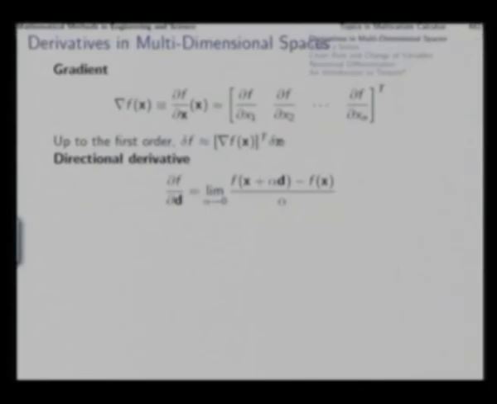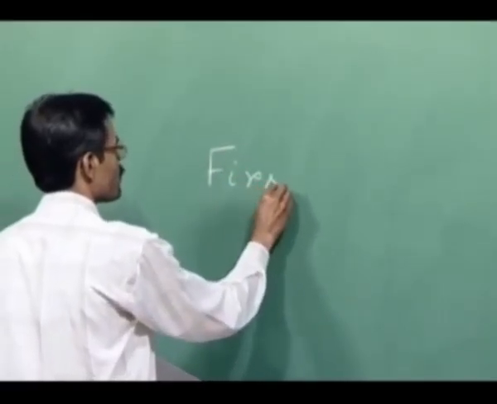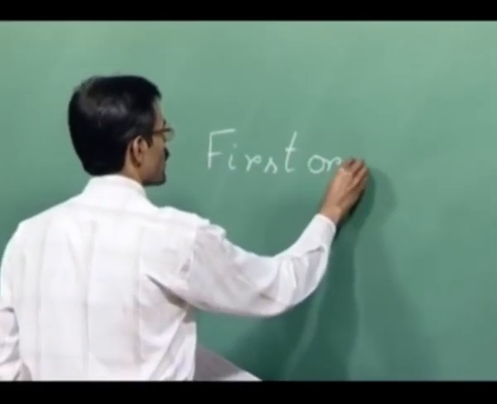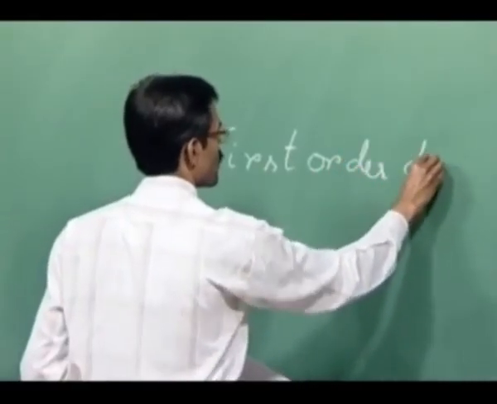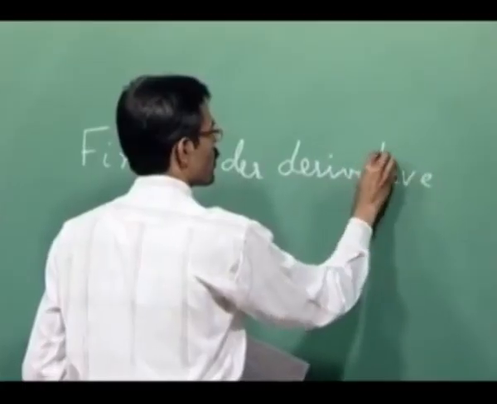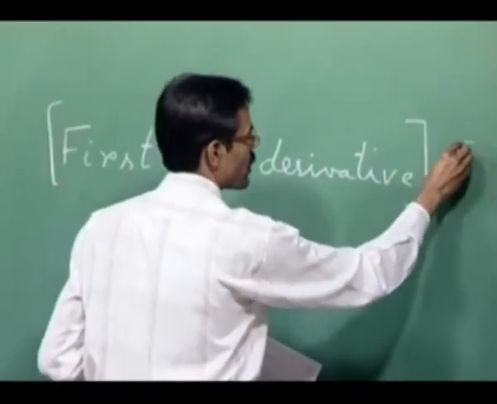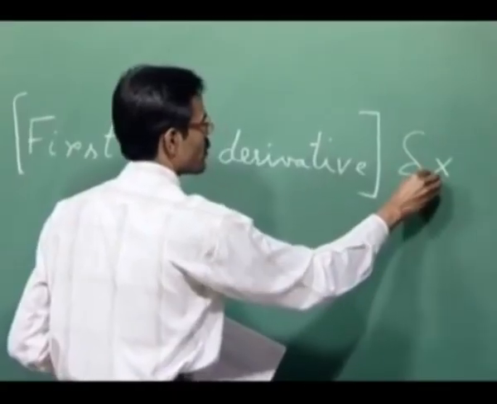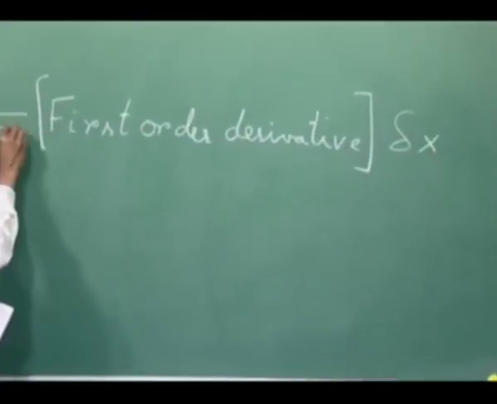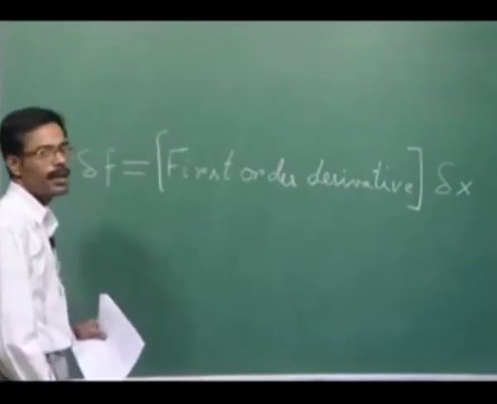So, this will always be considered the notion of first order derivative, that is, the first order derivative is something which multiplied with a differential change in the independent variable produces the corresponding differential change in the function or the dependent variable.